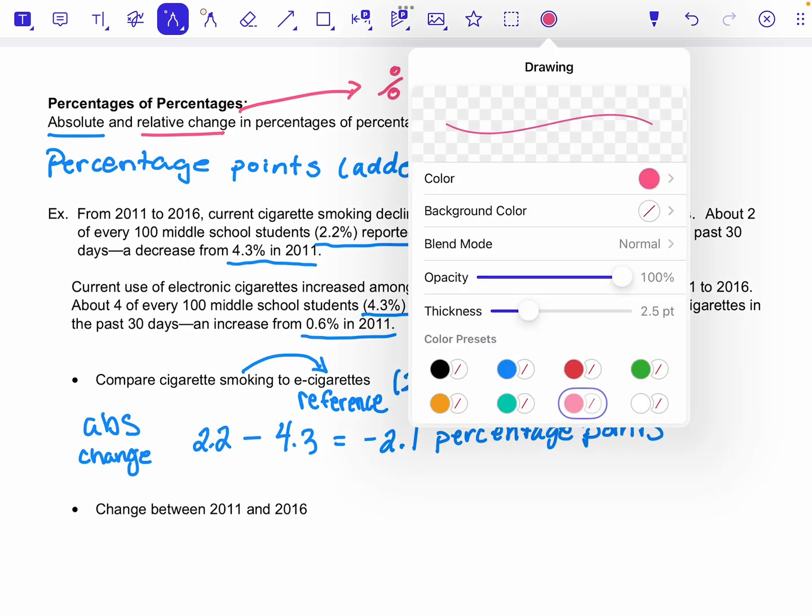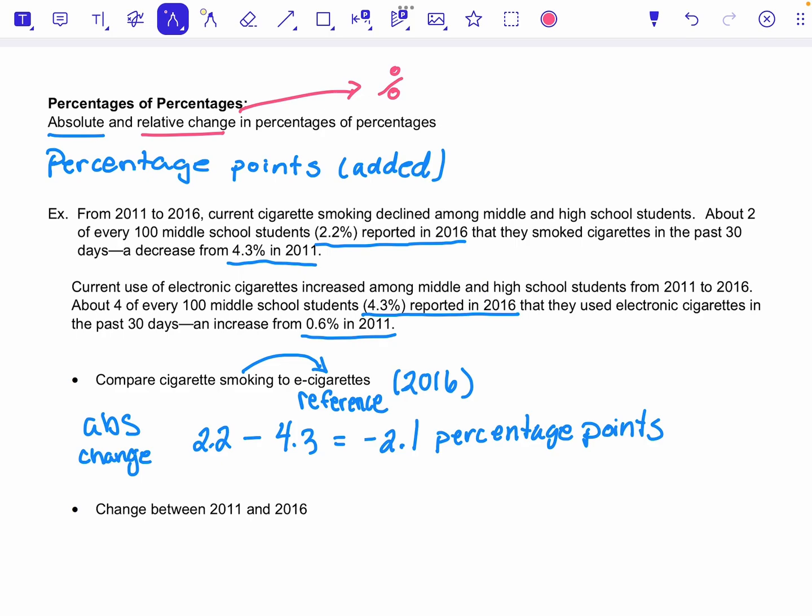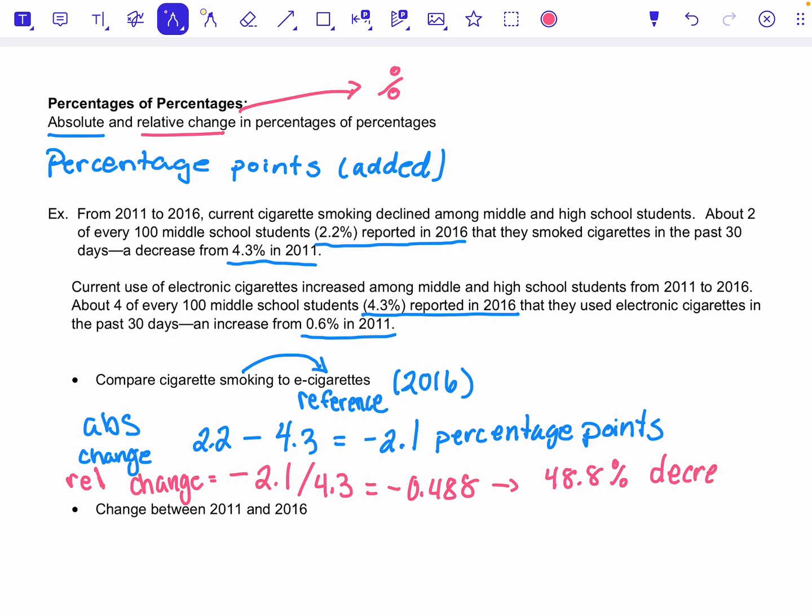Okay, but now I want to do it as a relative change. So I'm going to take my absolute change of 2.1 and divide it by that 4.3. And I would get negative 0.488, or 48.8% decrease.